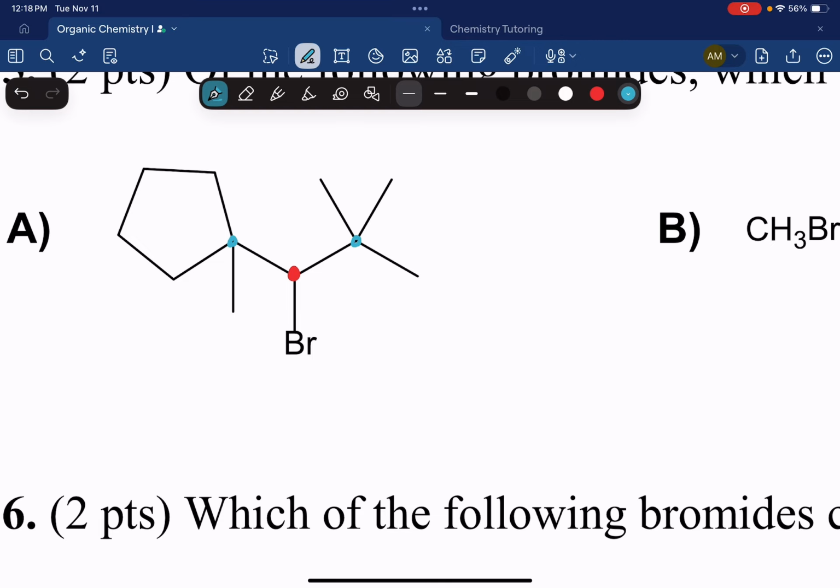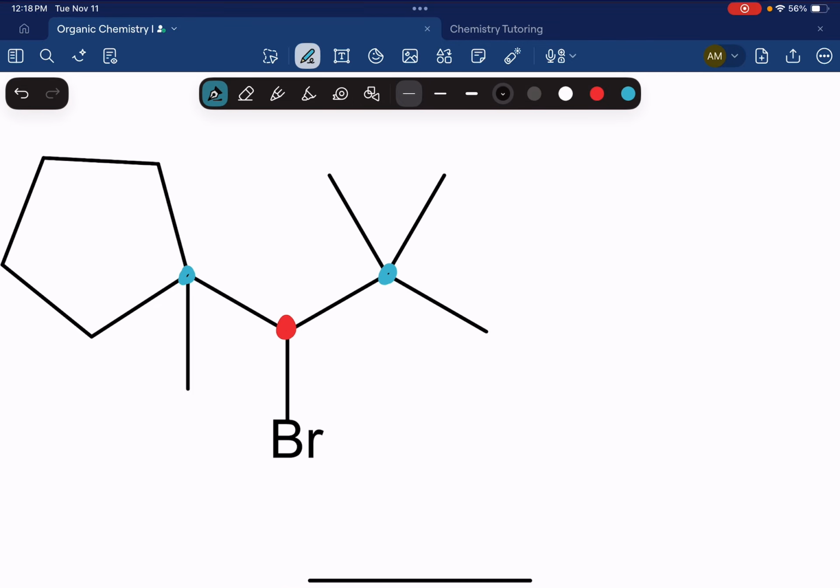Here and here, right? Okay, let's look at our beta carbons. Do any of them even have a hydrogen to react? This one has 3 methyl groups, so it has no hydrogens. This one also cannot react. No hydrogens.